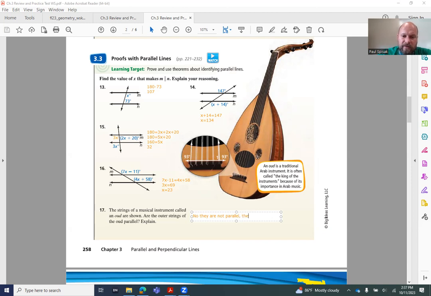The two angles are equal, but would have to be supplementary to have parallel lines. So again, something like that would work as a good explanation. All right, so that's it for 17.